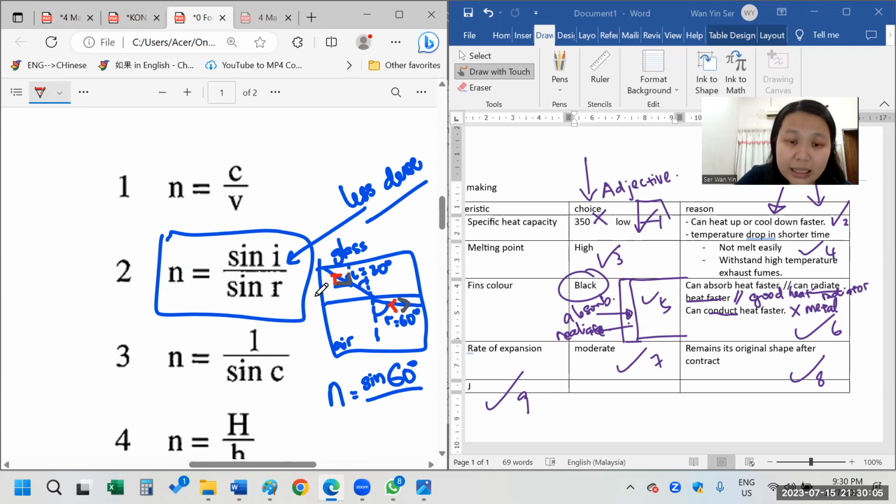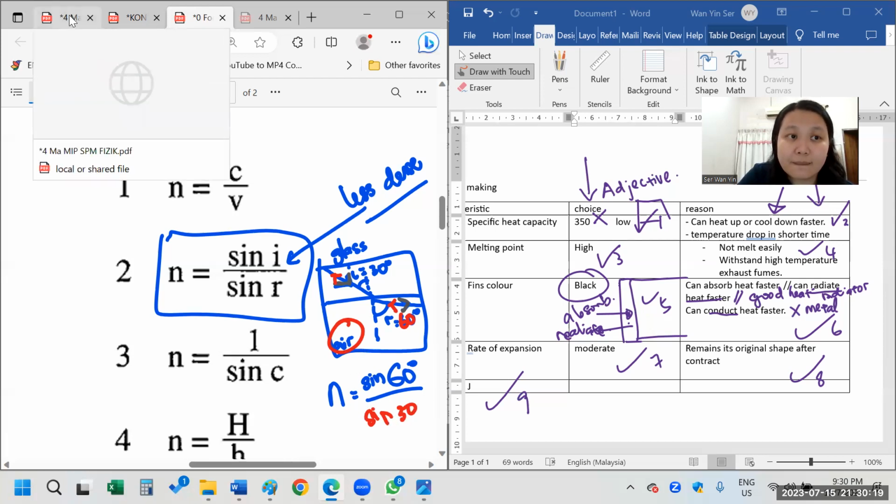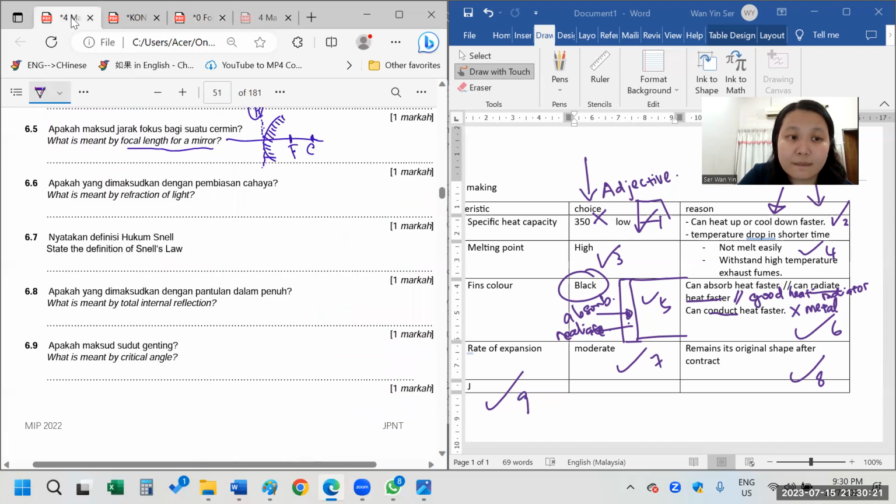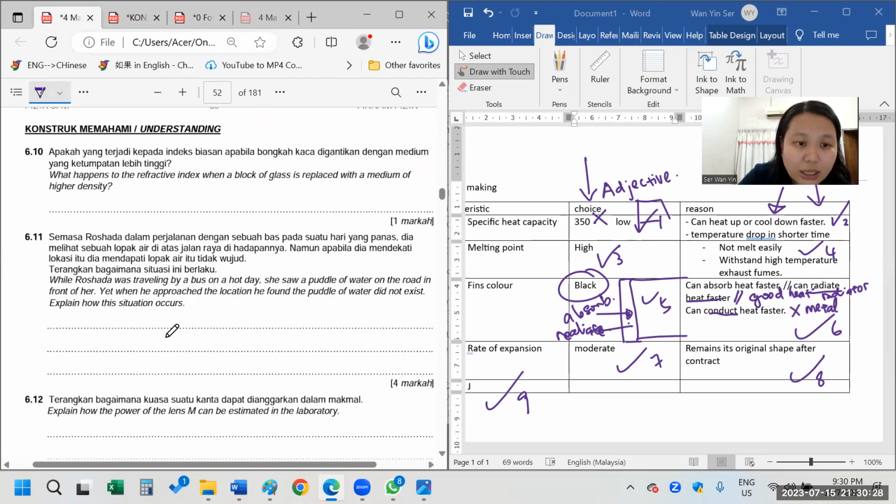So actually this I is for less dense medium. Please use 60 as I. Then sine 30. Okay. Okay, so total internal reflection critical angle goes to check.